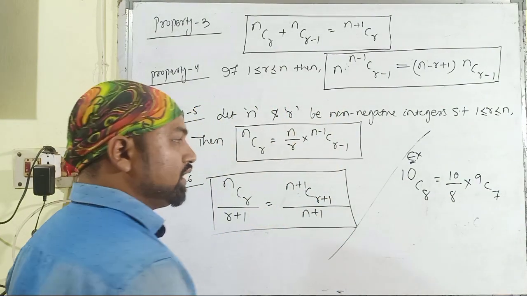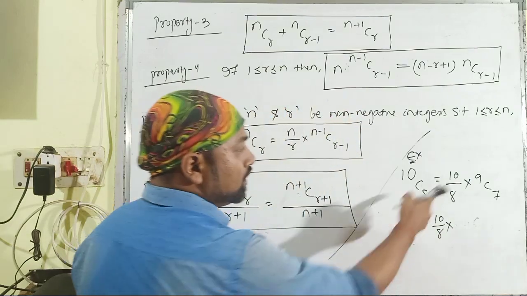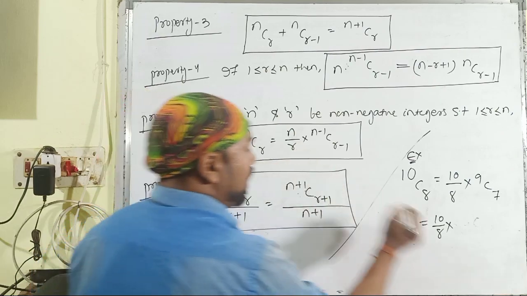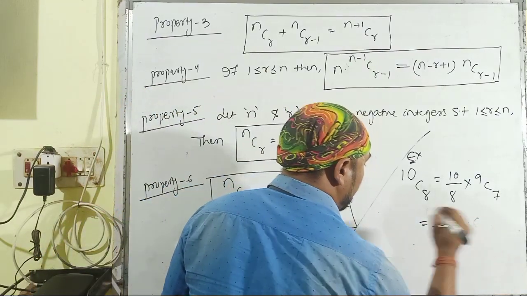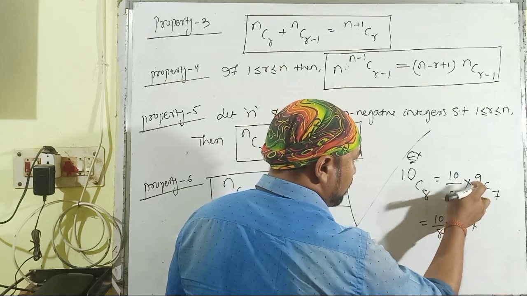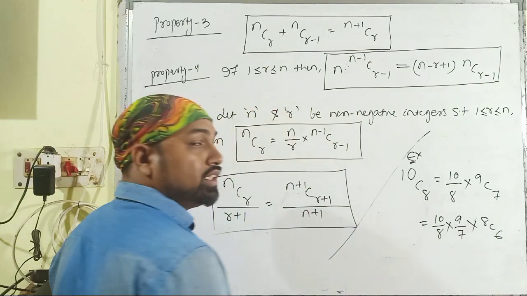Again you can also repeat this case. 10 divided by 8 multiplied with 9C7, again can be put into this form, and this can be represented as 9 divided by 7, then multiplied with the previous number of 9, it is 8, C, the previous number of 7, it is 6.